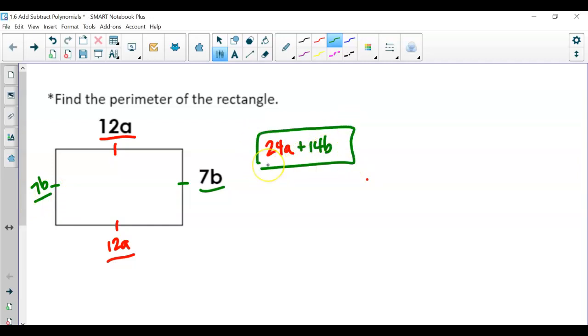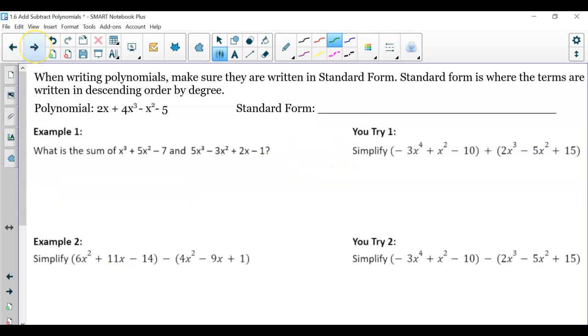Then of course we leave it as is because these two terms are not like terms because they have different variables, 24a and 14b. So again, keeping in mind, working with our polynomials and combining like terms is what we're working on today. But then also make sure that when you write your answer that it is in standard form. So for example here, with this polynomial, we need to make sure that this is in standard form, meaning the terms are in descending order by degree.